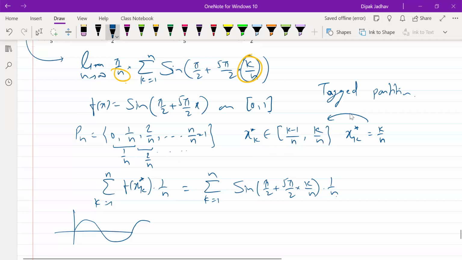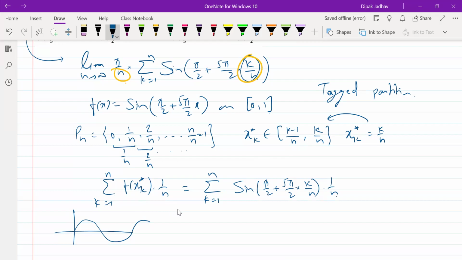So that's why we chose a tagged partition. In a tagged partition, we have the freedom to choose the points as we want. We evaluate f at that point, multiply the value of f with the length of the subinterval, and add all these products.